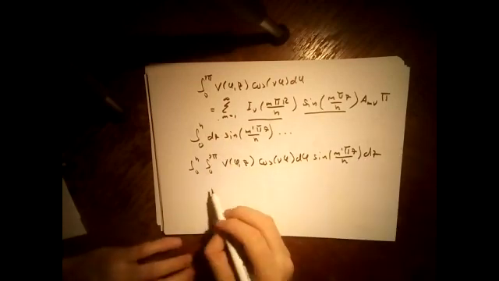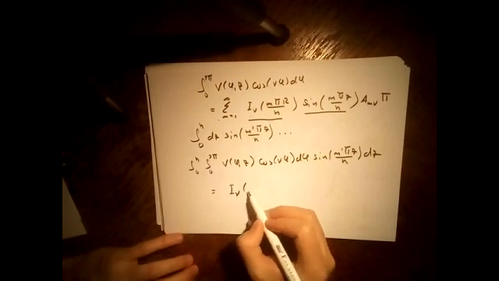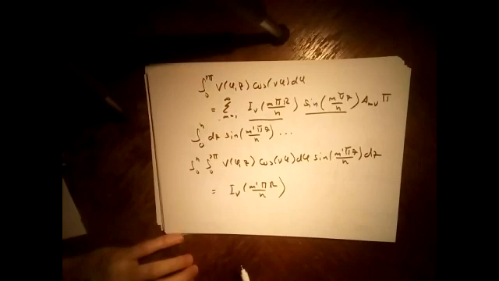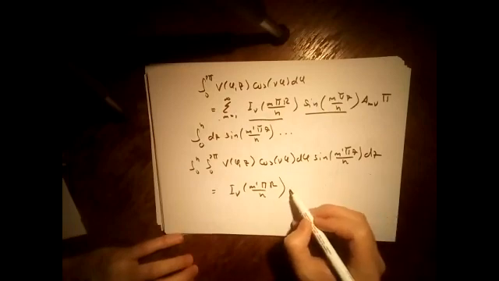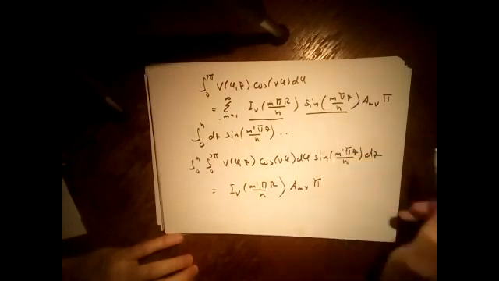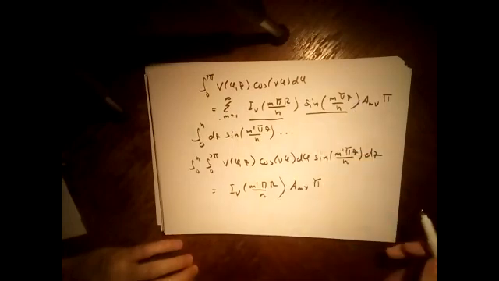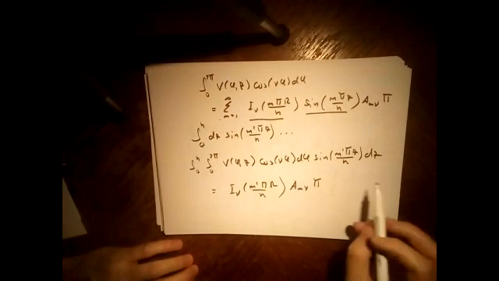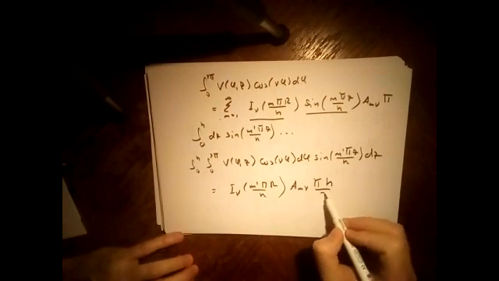On this side, I'm going to have I_ν(m'πr/h), a_mν times π, and this is from 0 to h, so it's going to give me an h divided by 2.